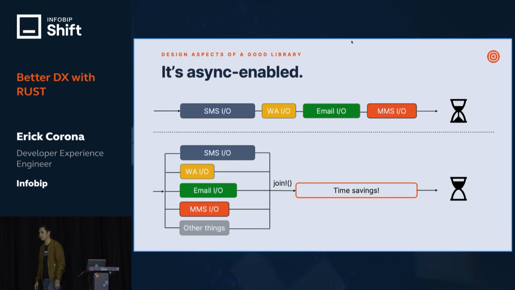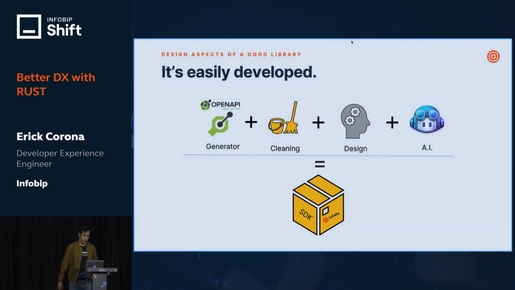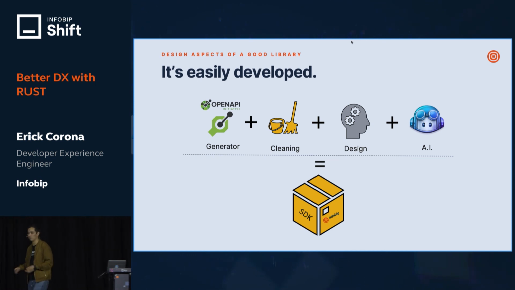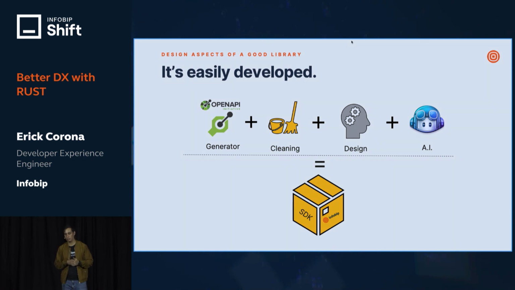Now, the way in which we are achieving a fast SDK is by enabling asynchronous behavior. So if you have to do multiple calls to the API, you don't have to wait and call them in sequence. You can call them in parallel and even do other things, and that saves you a lot of time. And also, to make it easy to develop, we are leveraging code generators, specifically the OpenAPI generator.